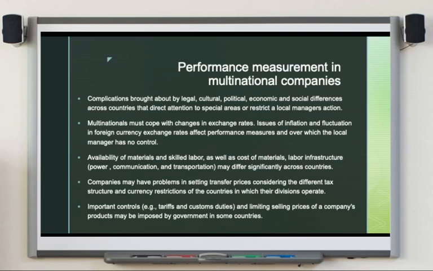Multinationals must cope with changes in exchange rates, issues of inflation and fluctuation in foreign currency. Exchange rates affect performance measures over which the local manager has no control.